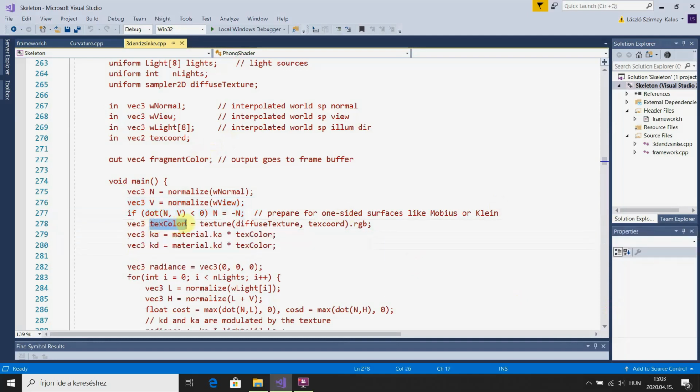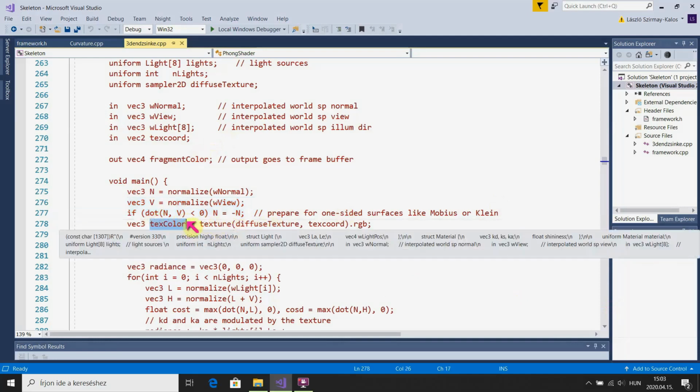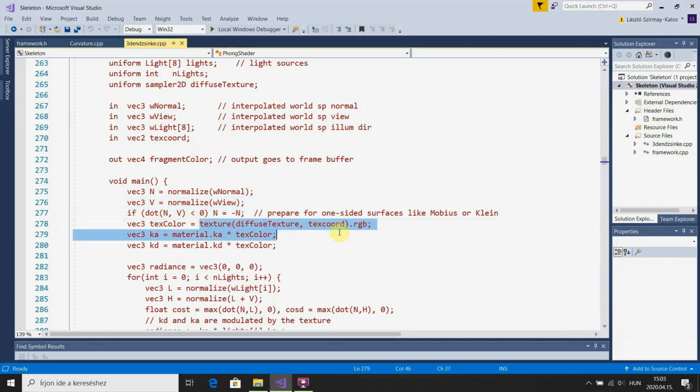The texture color is obtained by fetching the texture map via a sampling unit. The sampling unit is identified by this diffuse texture, and it's a uniform variable. The ambient and diffuse reflectivities are modulated by the texture color.